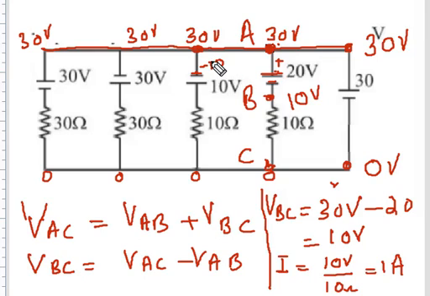So 30 minus minus 10, the potential difference here will become 40 volt. Same here, 30 at this point, but this is minus 30. 30 minus minus 30 will give you 60 volt here. At this point it is positive 30. 30 minus 30 you will get 0 volt here. So we got the potentials at the different points.